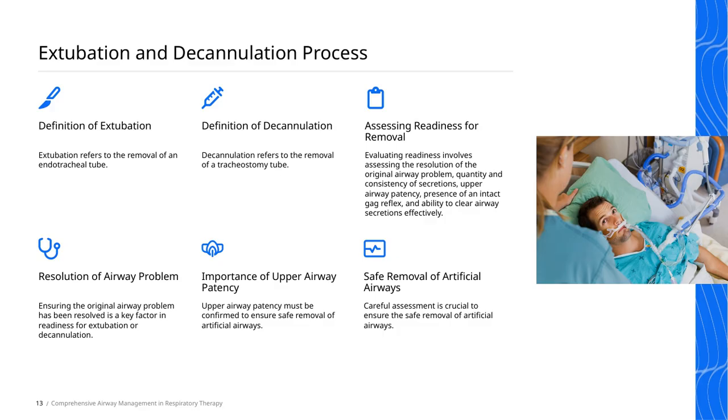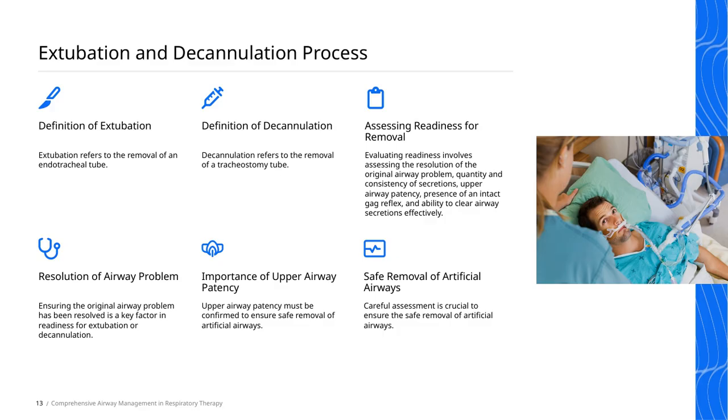That means making sure the airway is clear and open enough for the patient to breathe on their own. This step is vital because if the airway isn't patent, removing the artificial airway could lead to airway obstruction or other complications. Additionally, we need to verify that the original airway problem has been resolved. If the underlying issue persists, removing the airway device might be premature and unsafe.